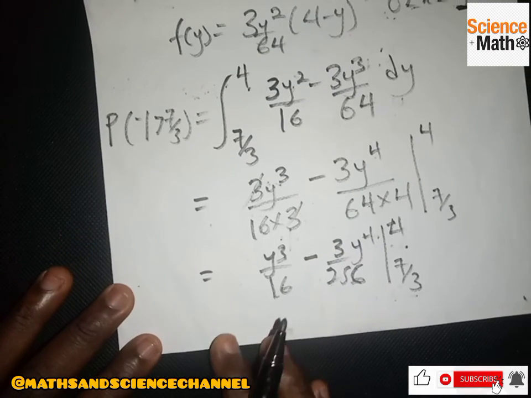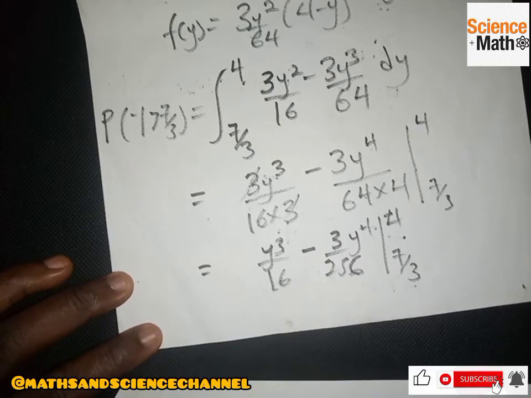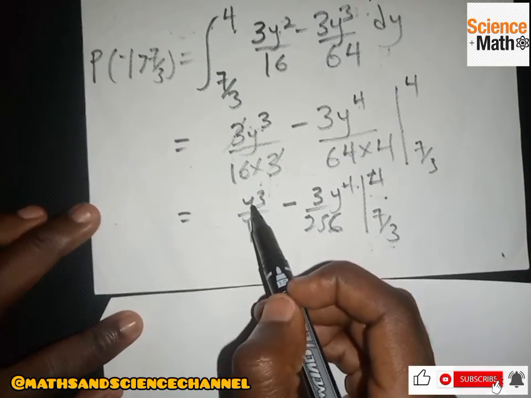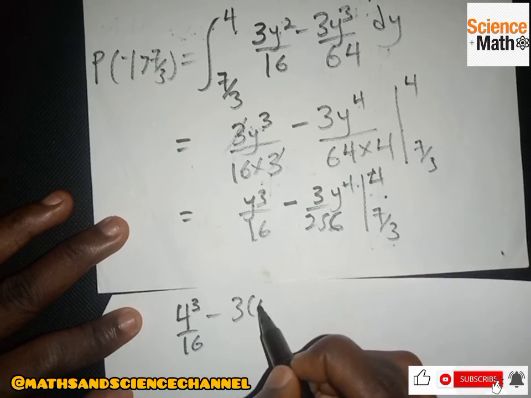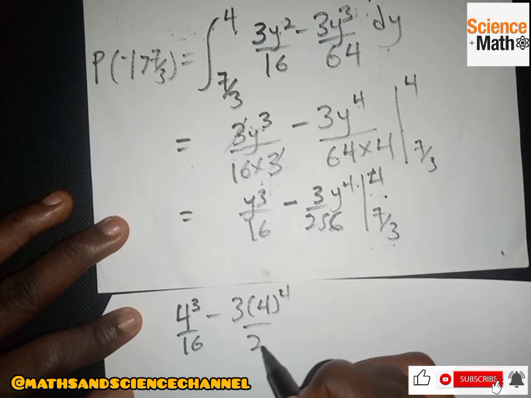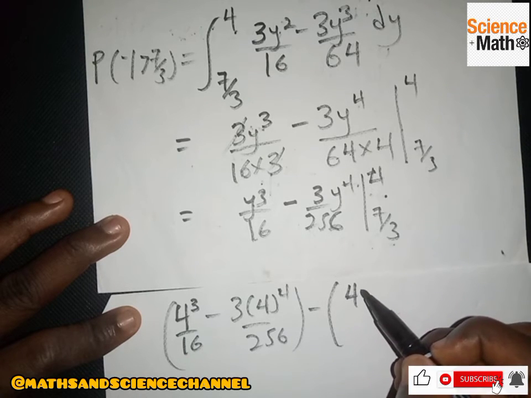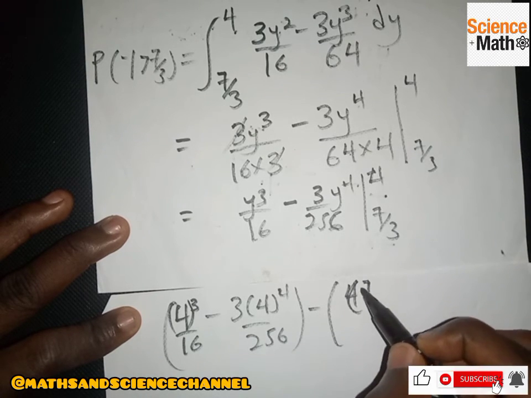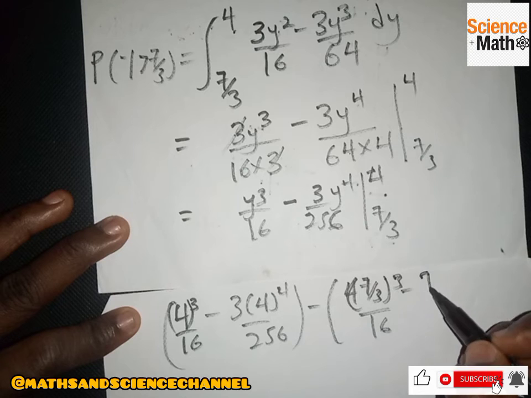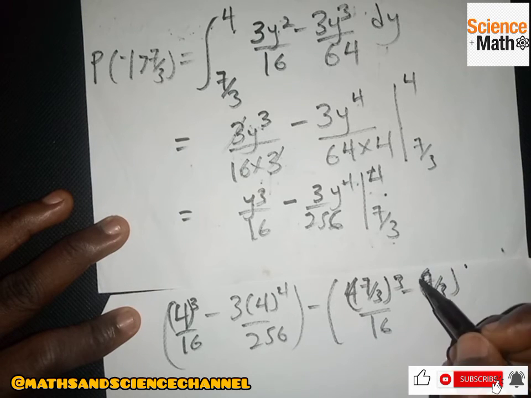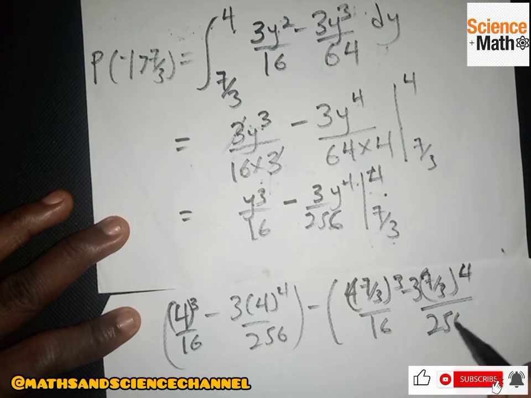Good. Now from here we can go ahead and simplify that. We put the 4 in, so we have 4 cubed over 16 minus 3 times 4 to the power 4 over 256, and then minus, substituting 7/3 into it, (7/3) cubed over 16 minus 3 times (7/3) to the power 4 over 256.